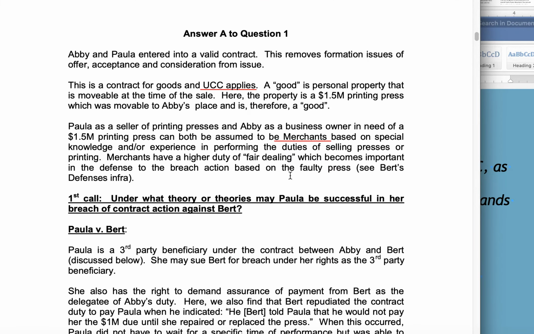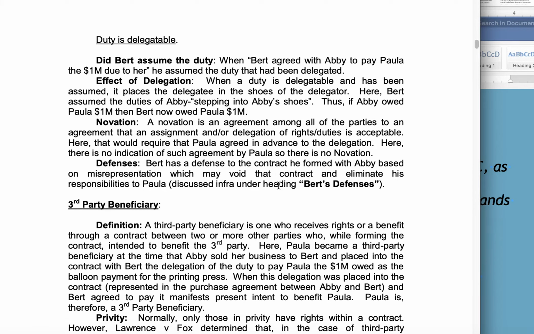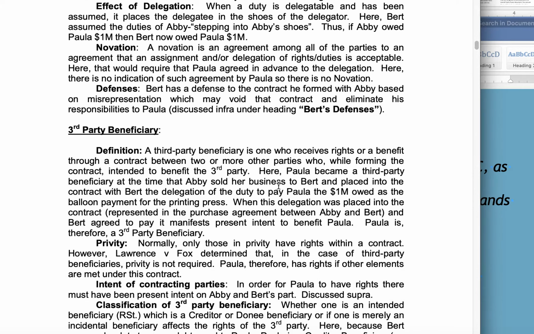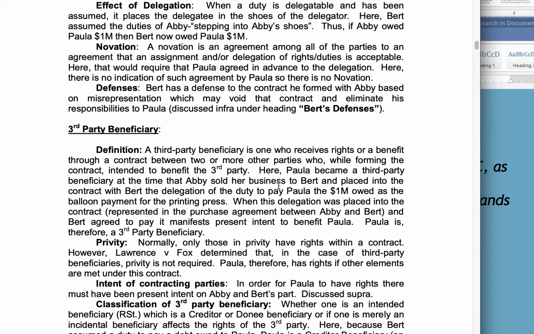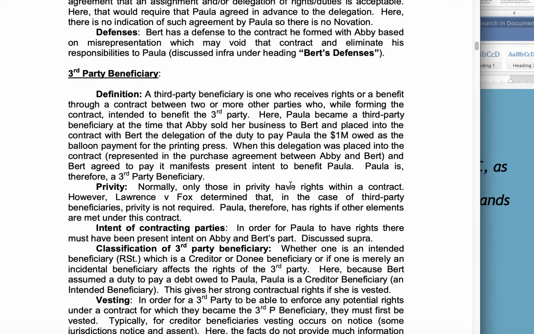So, just like with criminal law and torts, you're going to have overlap, assault, battery, but you're going to have a slightly different nuanced meaning to it. Third-party beneficiary, see that? Privity.